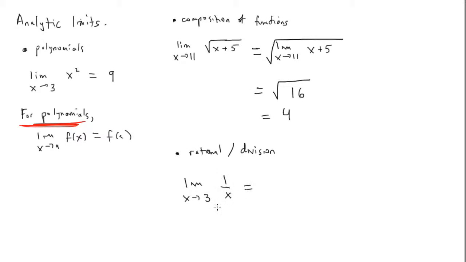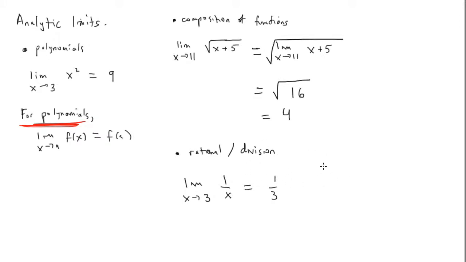Well, the function 1 over x is usually pretty nice, except of course when x equals 0. However, if the x's are approaching 3, we're nowhere near 0. We don't have to worry about the division by 0 in this case because we're nowhere close to it. And so we should expect that this is just 1/3. Essentially just the value of this thing plugged in.